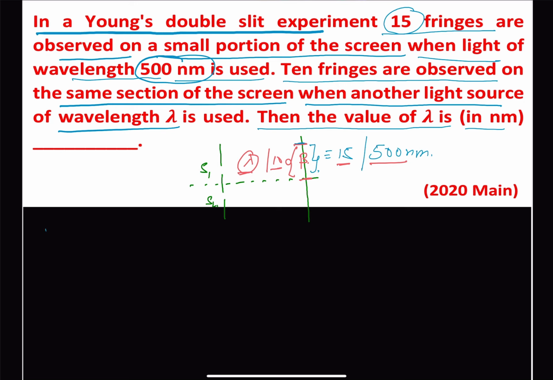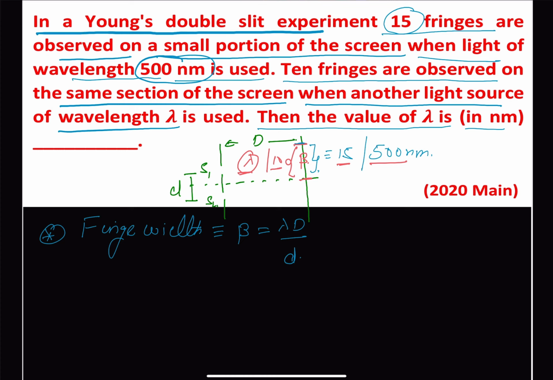and we know that our fringe width, denoted as beta, is equal to lambda D upon d, where capital D is the distance between the slits and the screen, and small d is the distance between the slits, and all this information is given to us.